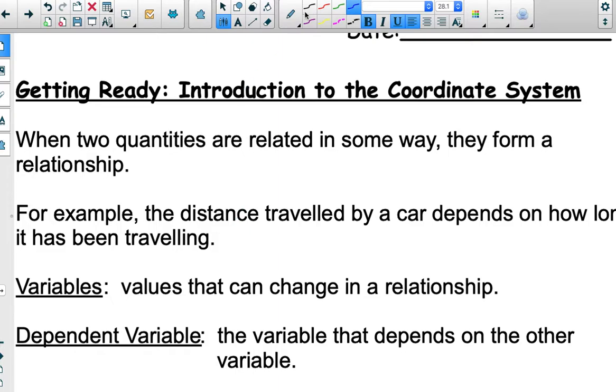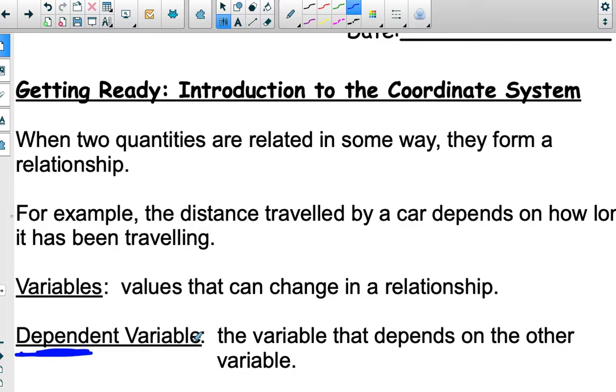Dependent variables, like the name suggests, depend on the other variable. So the size of shoe I wear depends on how big my feet are. If my feet are a size 10, I will wear a size 10 shoe. My feet don't depend on my shoes.